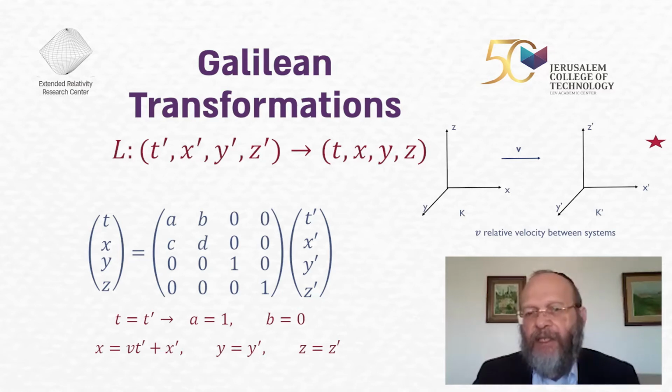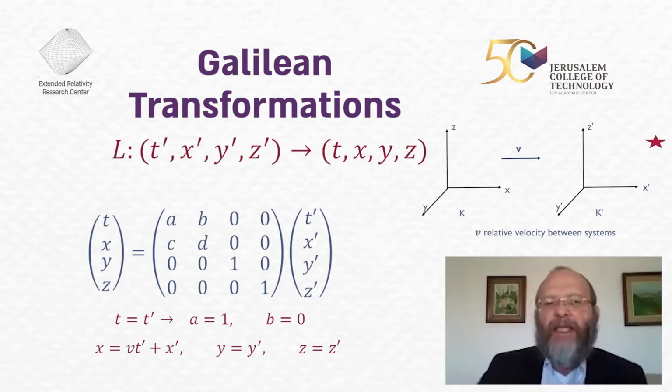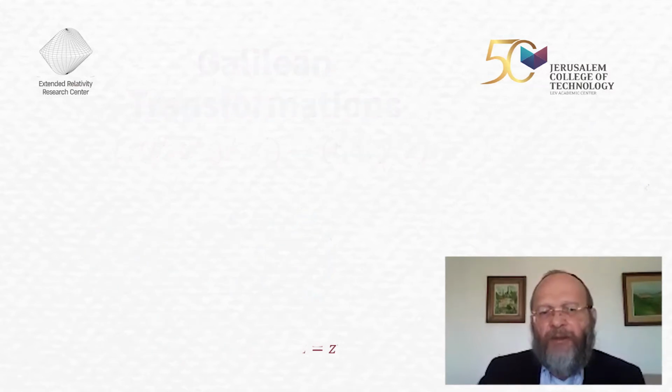So c is the relative velocity between the systems, and the coefficient of x prime is 1. It follows once more, if you check the symmetry more carefully, that the transformation in one direction and the inverse one have to be similar. So you get that also the coefficient d must be 1. So we came to what is called the Galilean transformation.